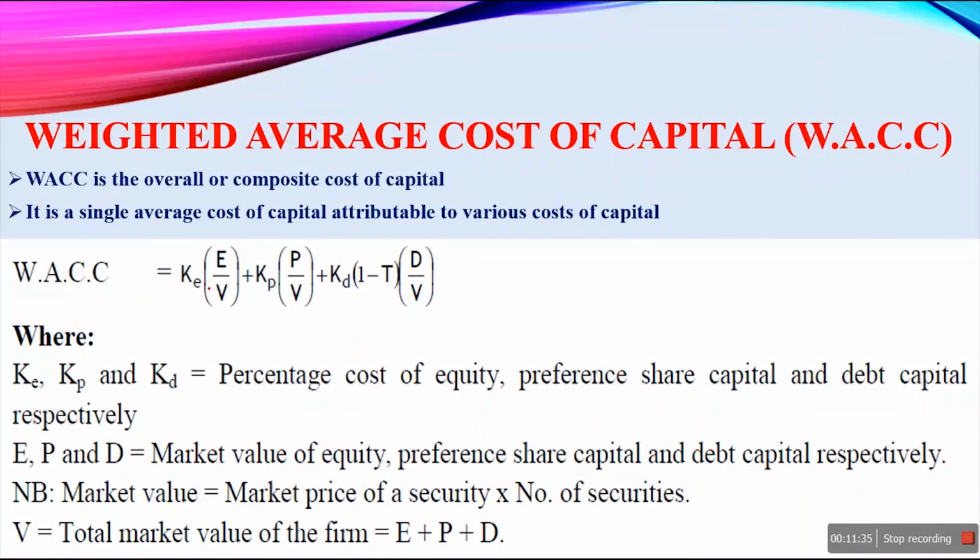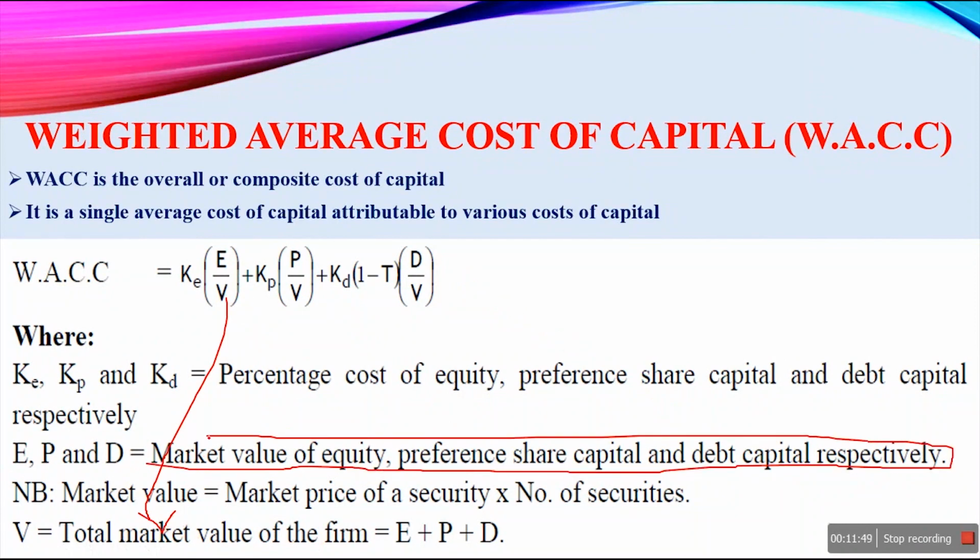Lastly, the V here represents the total market value of the firm, which is given by adding E plus P plus D. So you add these three components here, or the three market values, to get the V, which is the market value of that given firm.